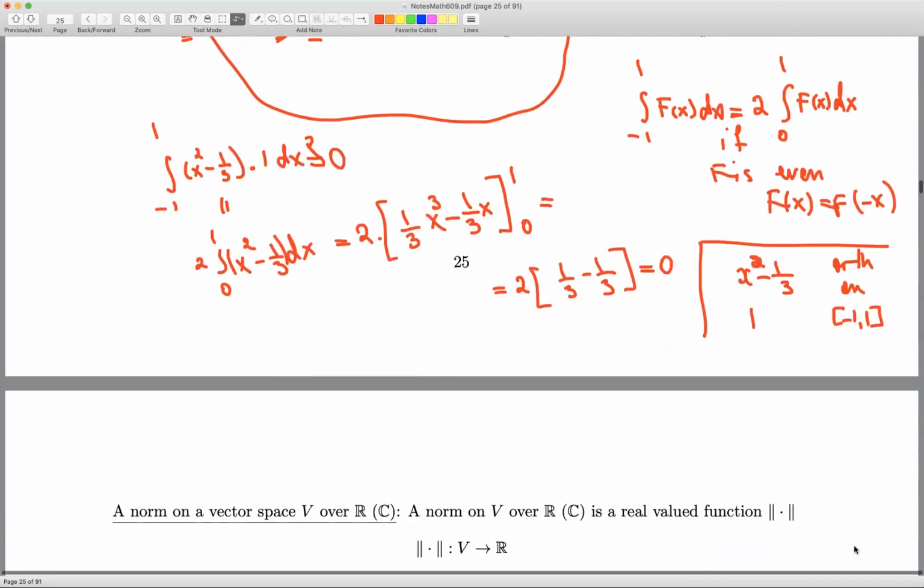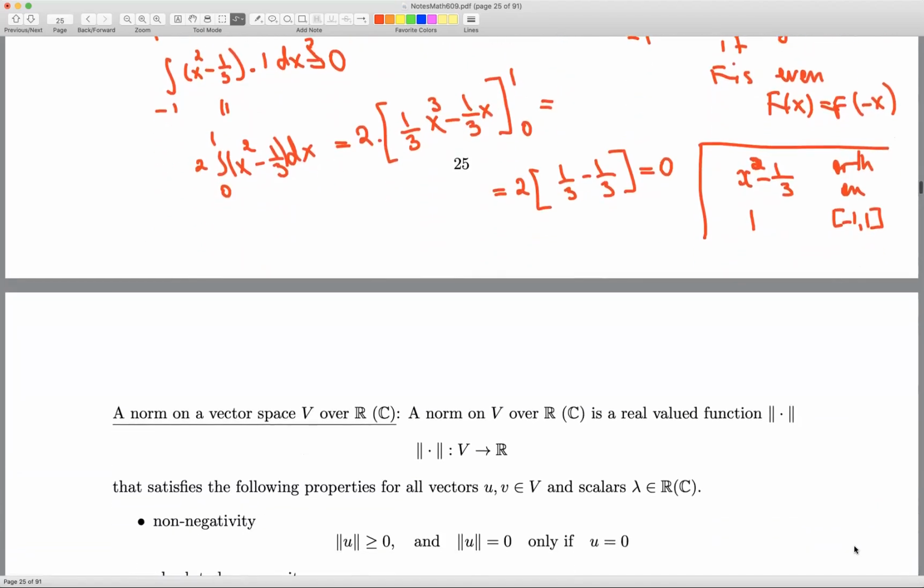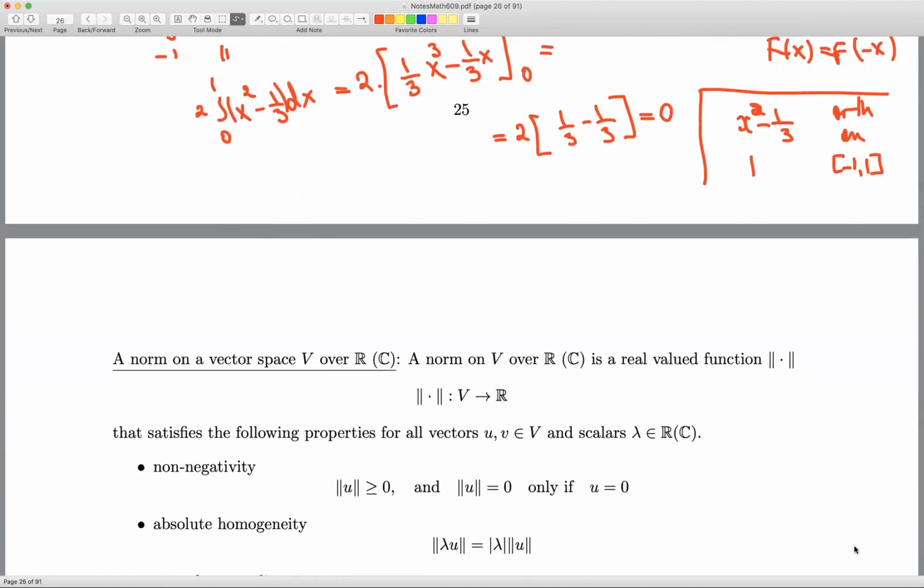If we continue further, the next definition and the next term that we're going to introduce is a norm. So again, we have an abstract vector space over the real numbers or over the complex numbers.